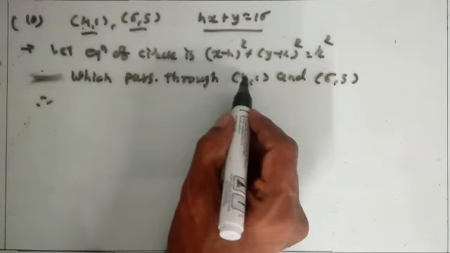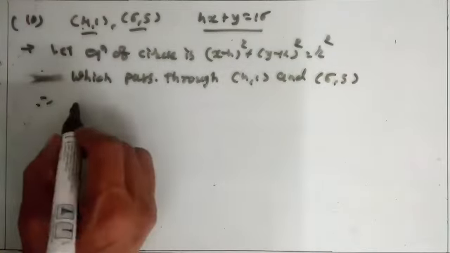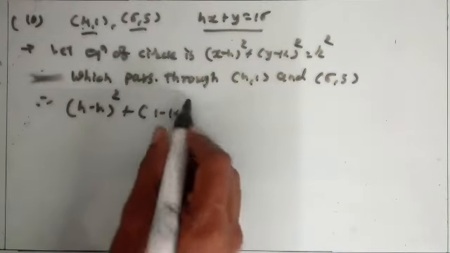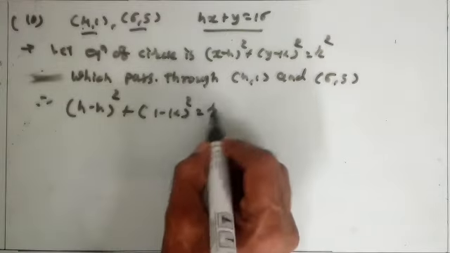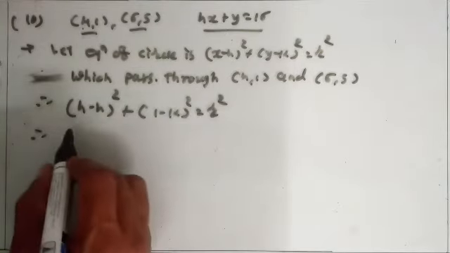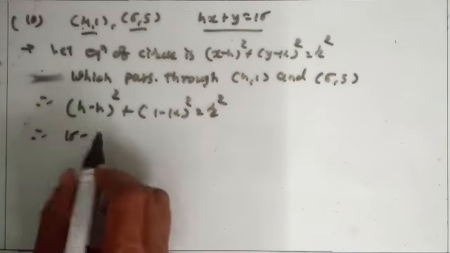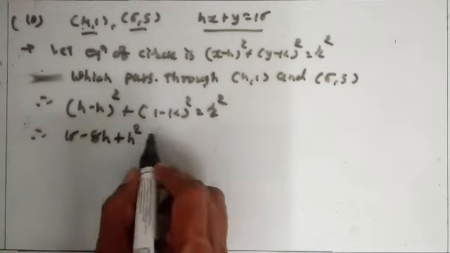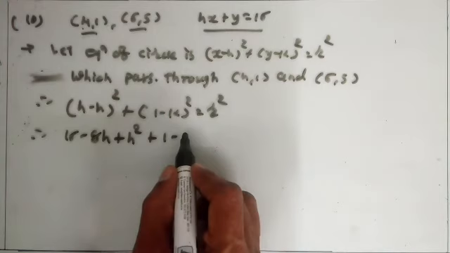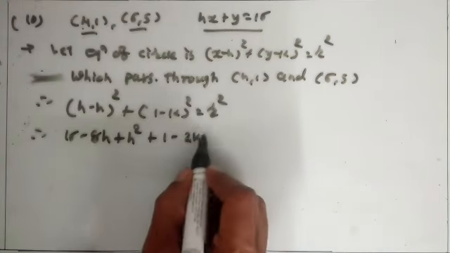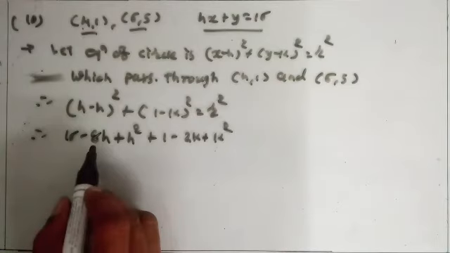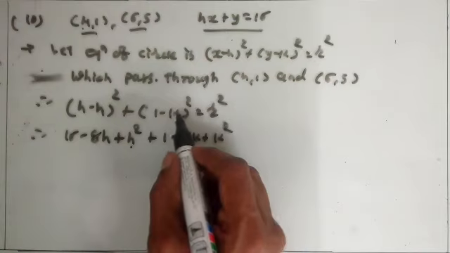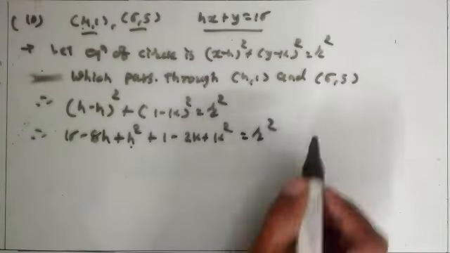Therefore, replace x by 4 and y by 1 in this equation. We get (4 minus h) whole square plus (1 minus k) whole square is equal to r square. Now simplify this. 4 square is 16 minus 2 into 4, that is 8h, plus h square, plus 1 minus 2 into 1 into k, that is 2k, plus k square is equal to r square.